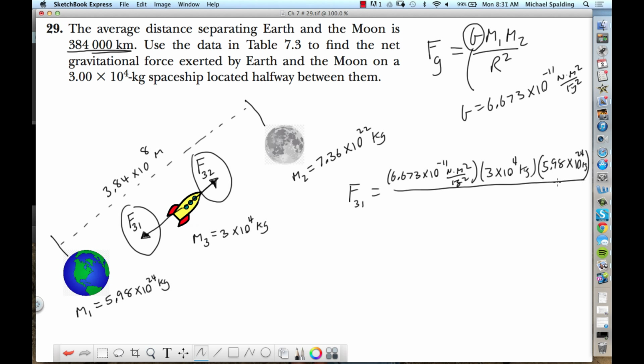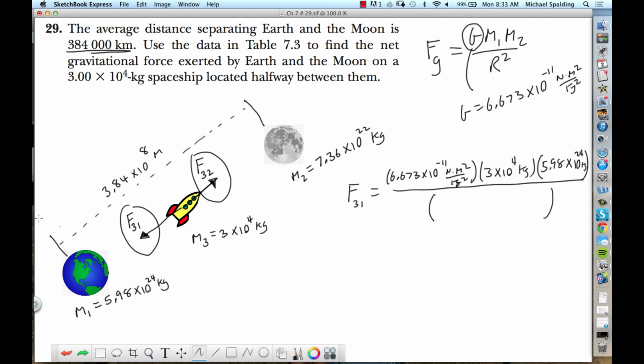And then, now, what's the distance? Is this going to be our distance? Nope. That's the total distance from the Earth to the Moon. So what do we have to do to this number? Chop it in half. So we're going from there to the center of the spaceship. So this comes out to be 1.92 times 10 to the 8th.